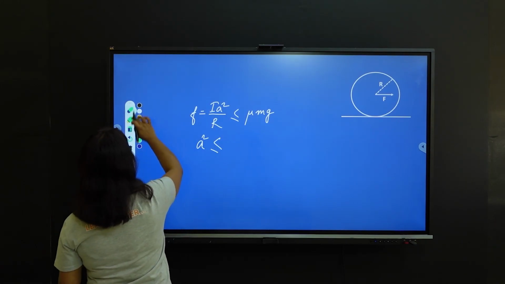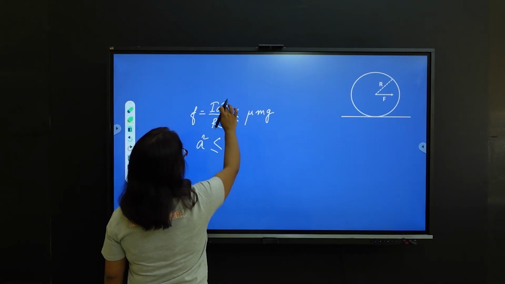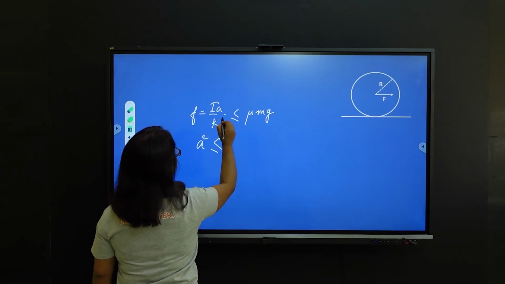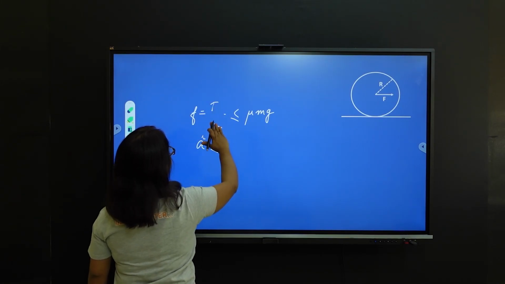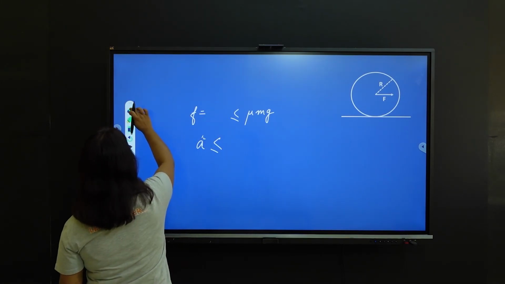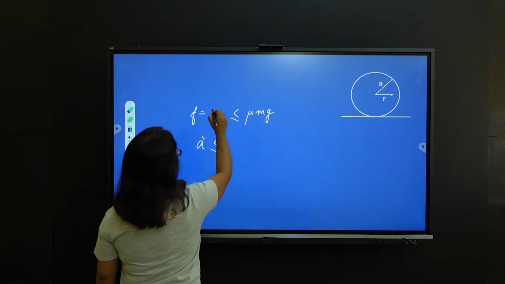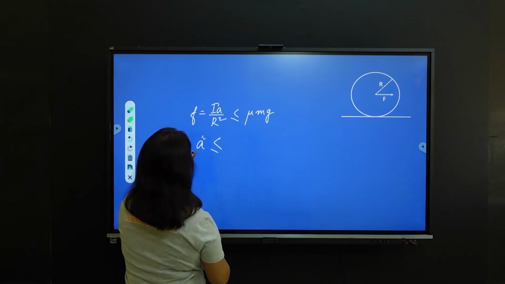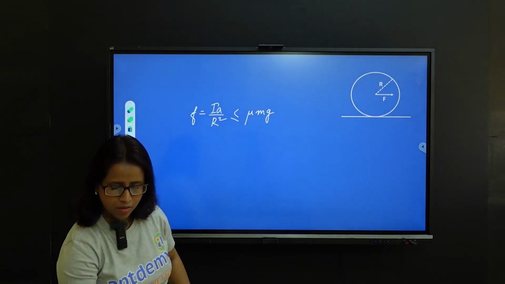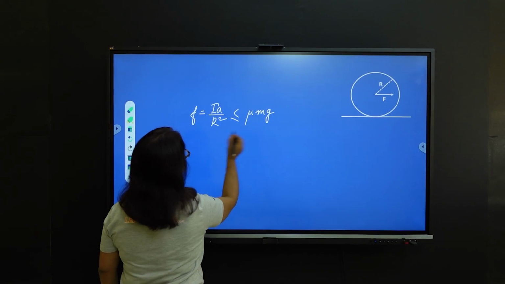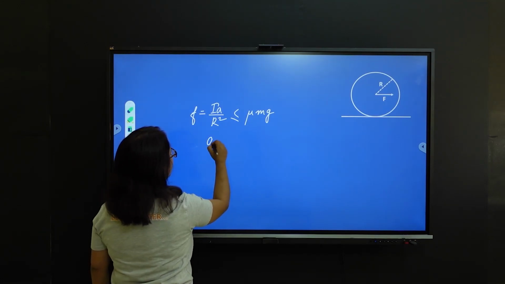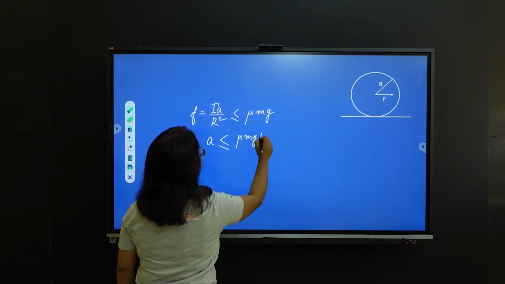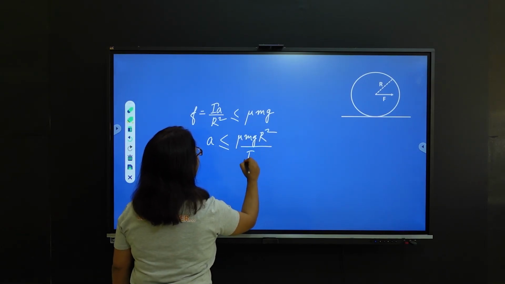This was I A by r square. Working this out, we have A less than or equal to mu mg r square by I.